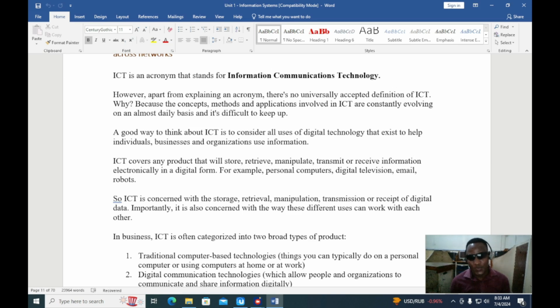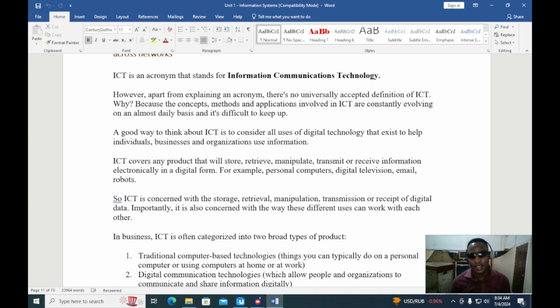So as long as that product is storing, retrieving, manipulating, transmitting, or receiving information in a digital form electronically, then we can cover that product as ICT. So the concern of ICT is storage, retrieval, manipulation, transmission, or receipt of digital data. That's what ICT is concerned about.